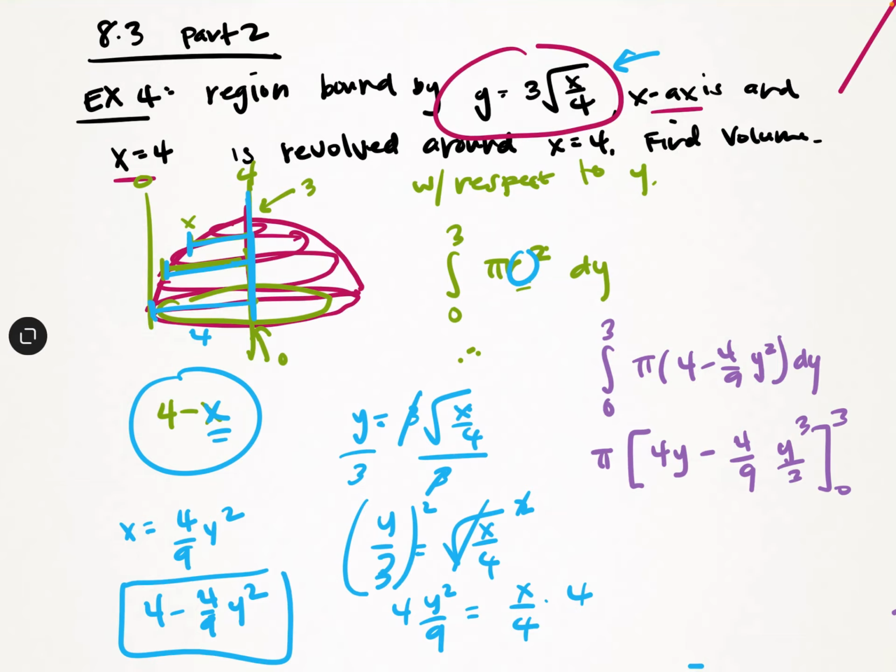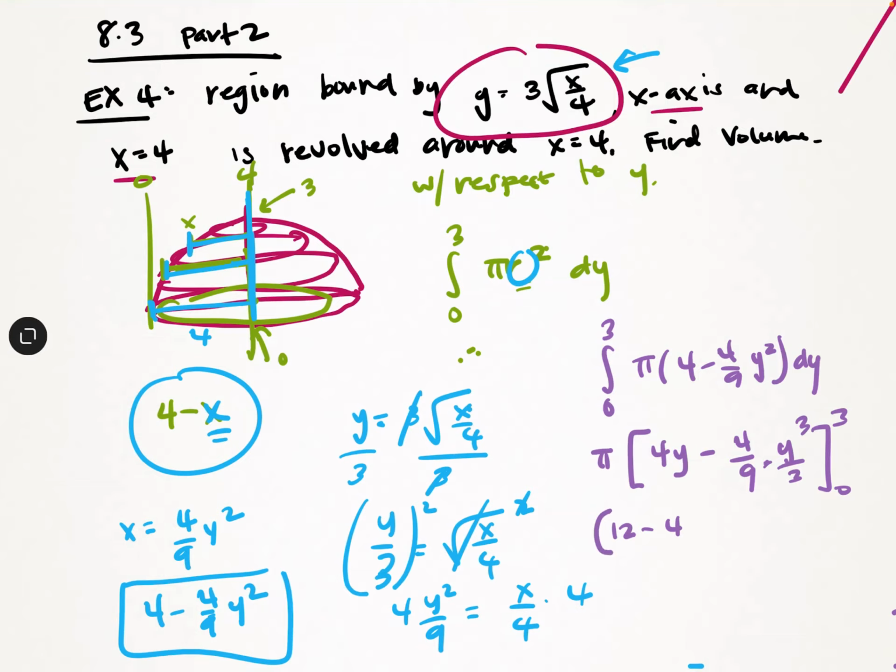Okay, so let's start plugging this stuff in. So 4 times 3 is 12 minus 4/9. 3 to the third is 27, divided by 3 is 9. So 9 and 9, so this is going to be 4.